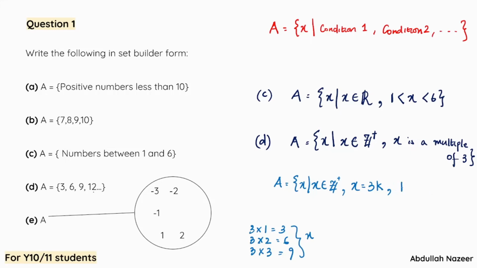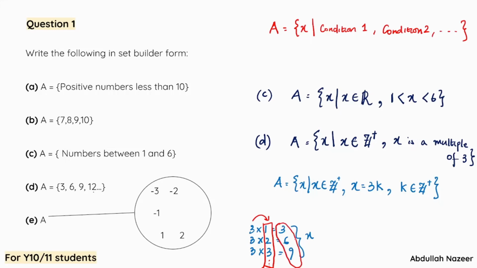So I'm going to say k is an element of integers, positive integers as well. Why? Because basically this is my k. So 3 times 1 is 3. 3 times 2, 6. 3 times 3, 9. These are my x values, right?